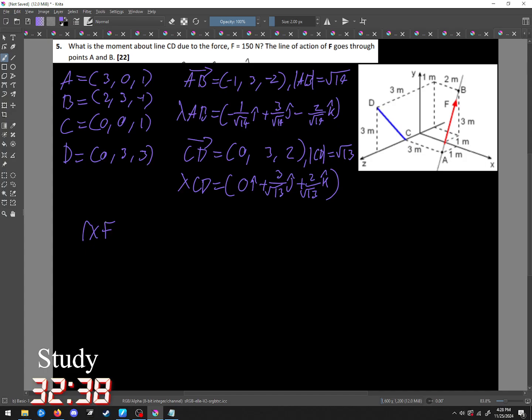We'd want to find the force. The force F AB should be F times lambda AB. So what we would just need to do is multiply lambda AB times force, so that would be equal to 1 over square root 14 I hat plus 3 over square root 14 j hat minus 2 over square root 14 k hat times 150. Simple as that.